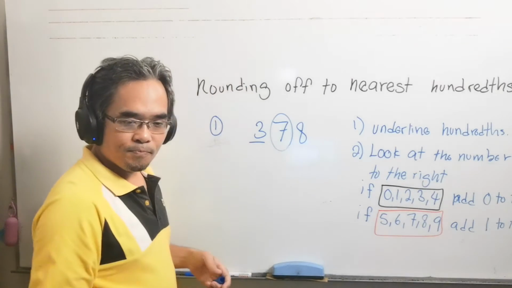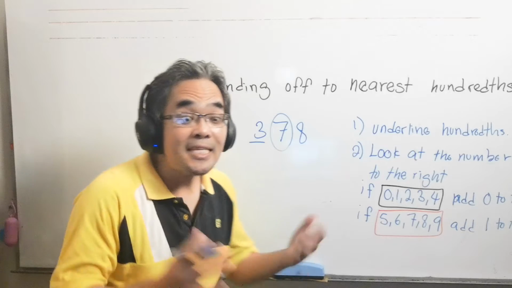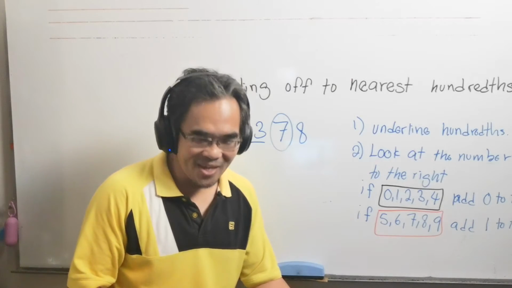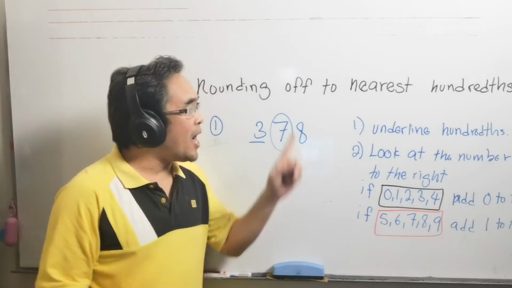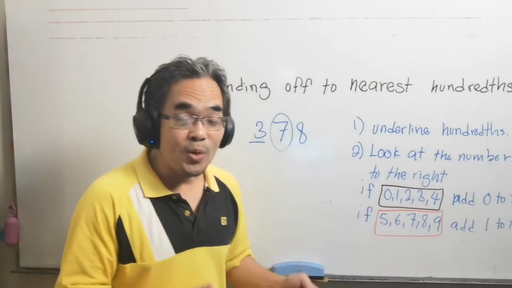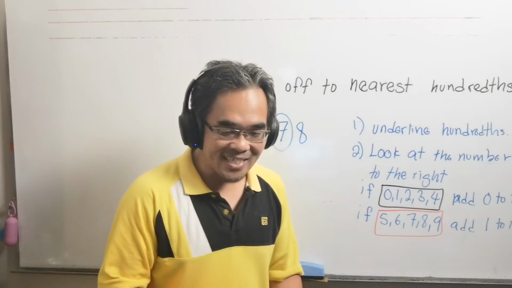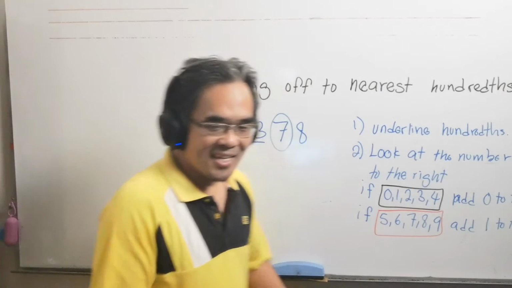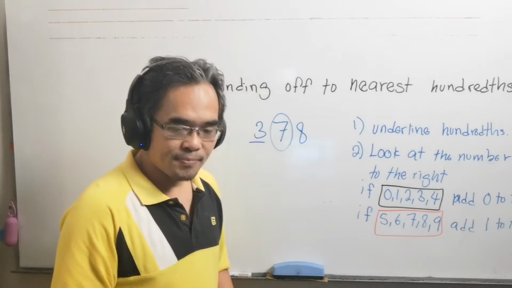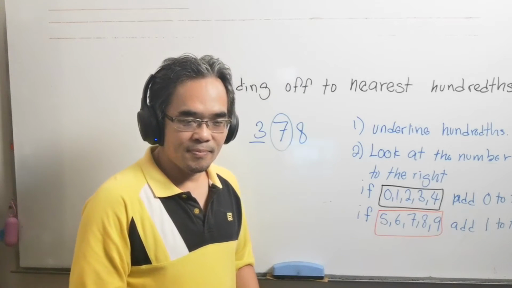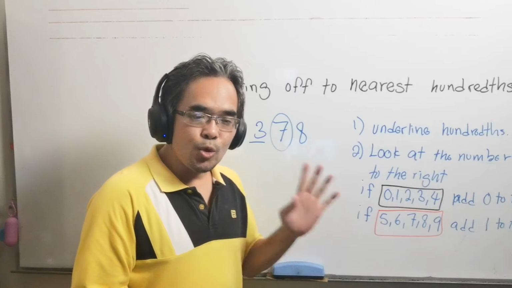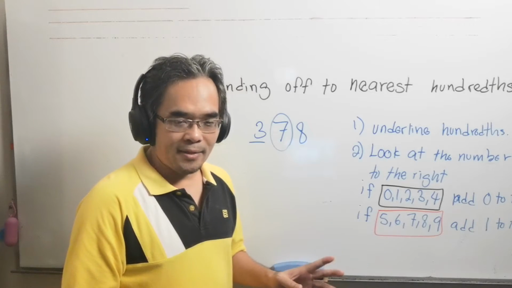So it is the same thing. Same concept. Okay? Just that today we are doing to the nearest 100. The other day we were doing to the nearest tens. So do not add.